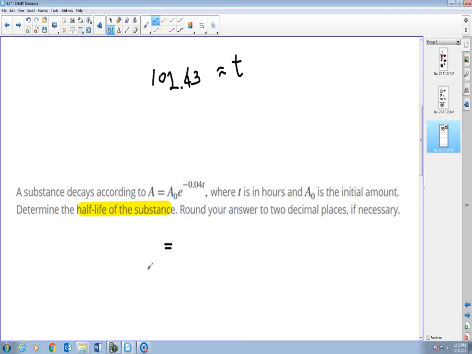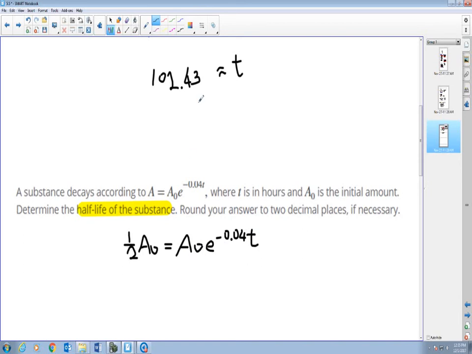Decay down to half-life means half of its initial amount. So after some time t, what I should end up with is half of its initial amount. So half of its initial amount is equal to the initial amount times e to the negative kt power.